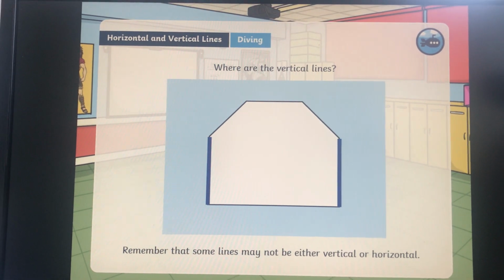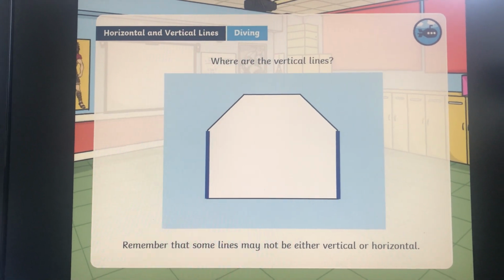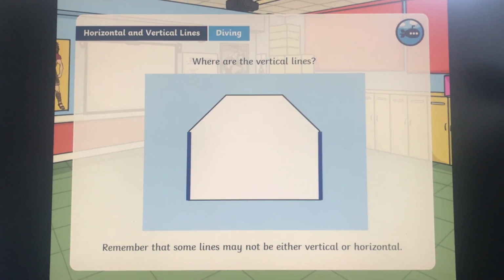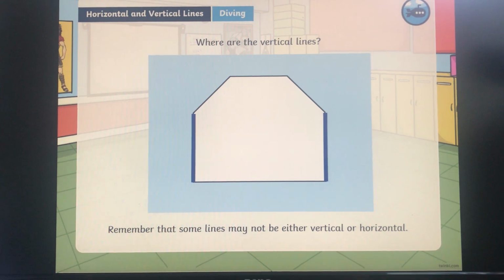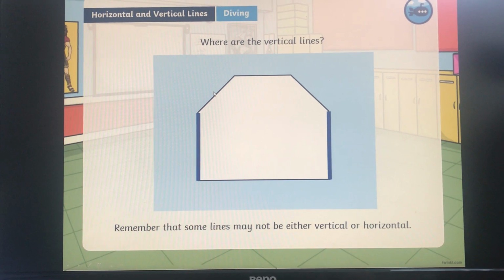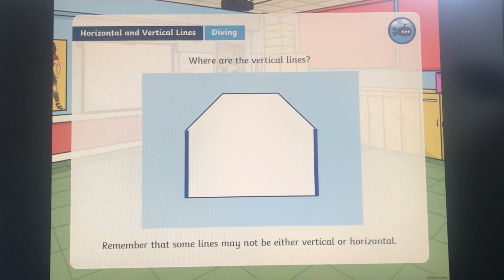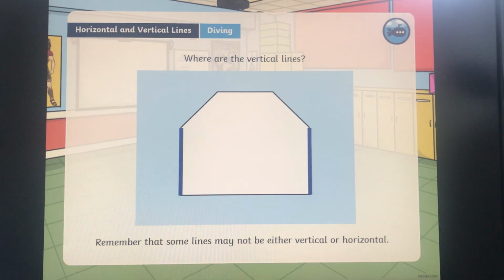There they are. They are the lines that are running from up to down or down to up. And hopefully you've picked up by this point that there are two lines in this shape, this one here and this one here, that are neither horizontal nor vertical. We call those lines, in fact, diagonal lines.